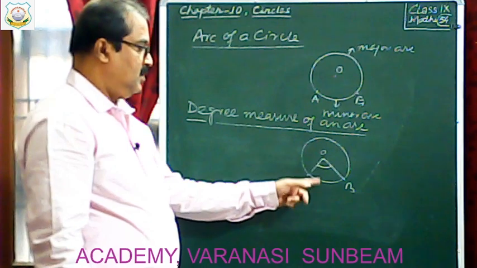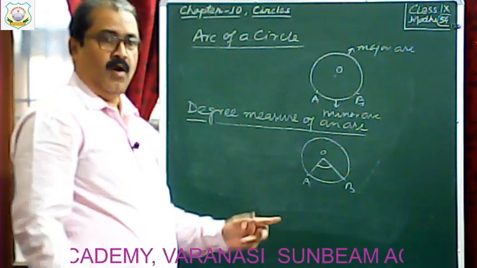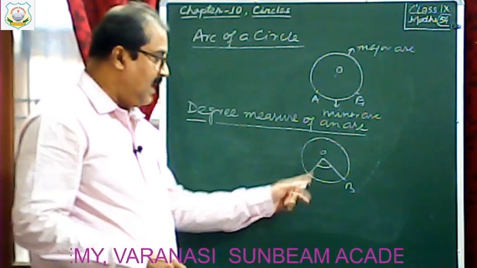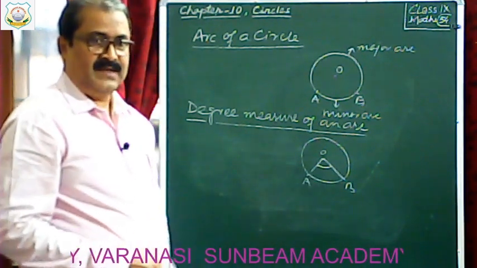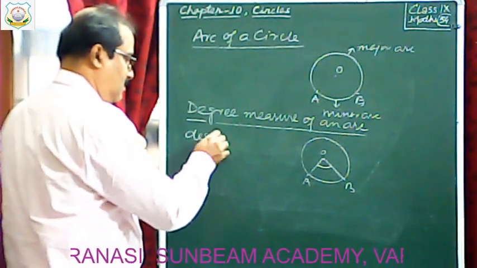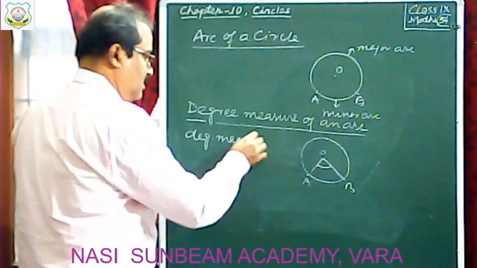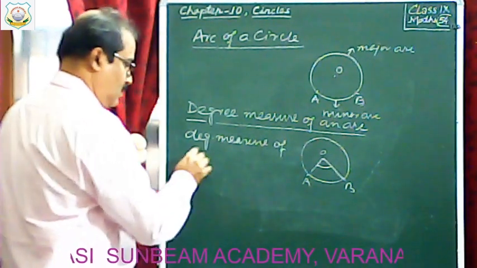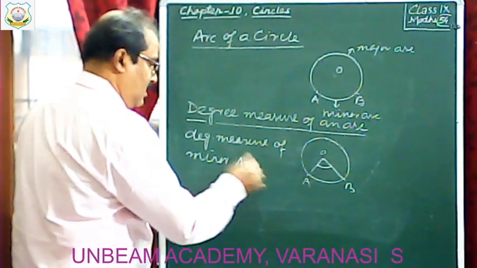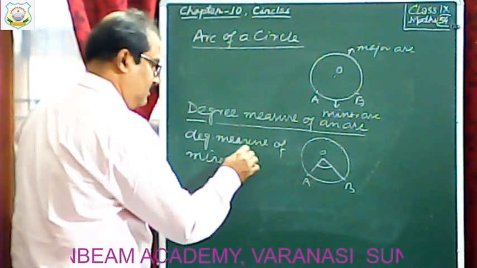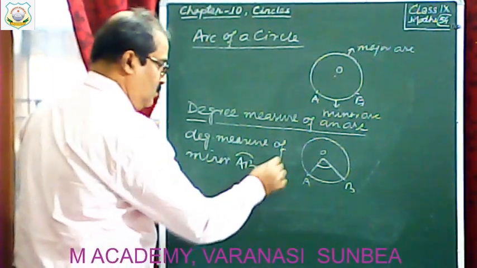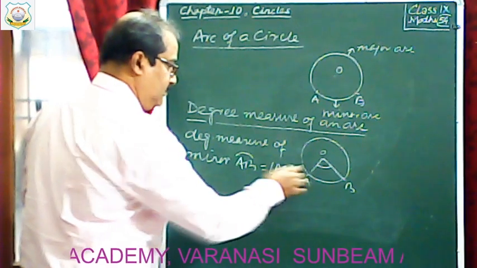An angle opposite to the arc at the center, or in other words, the angle subtended by the arc at the center, is known as the degree measure of the arc. Degree measure of minor arc AB, this is the symbol of arc, is equal to angle AOB.